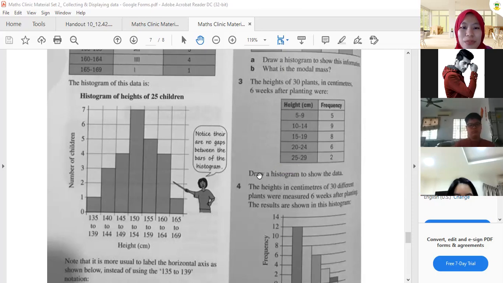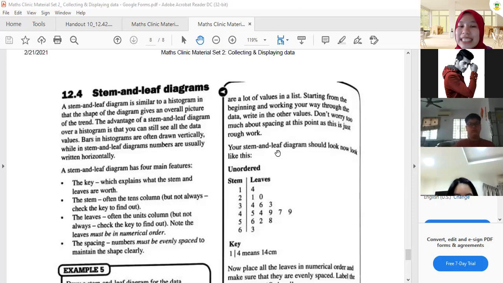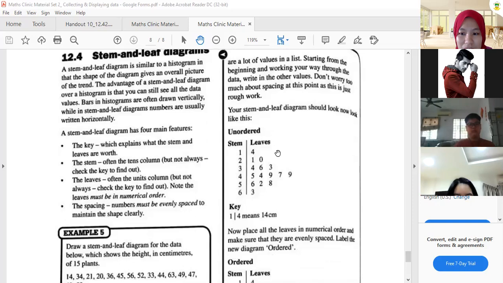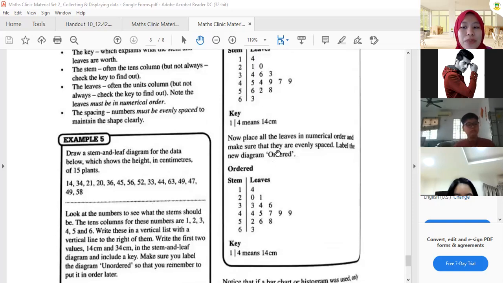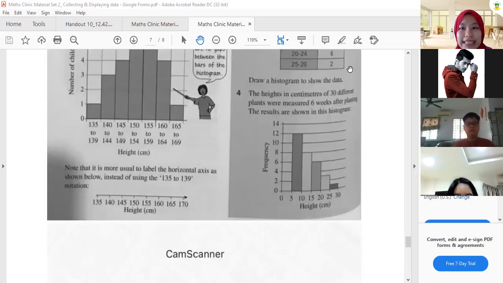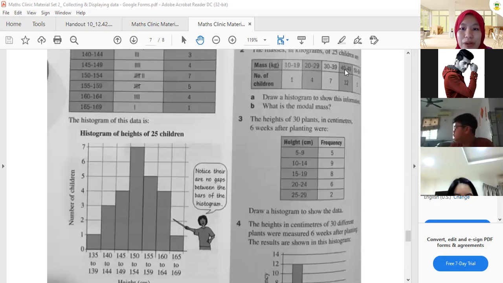All right. Moving on, the stem and leaf diagram I will not introduce to you because we will go through it next week. Do you have any questions regarding the bar chart and histogram? You want to write down? Okay, take note of what I'm going to say.